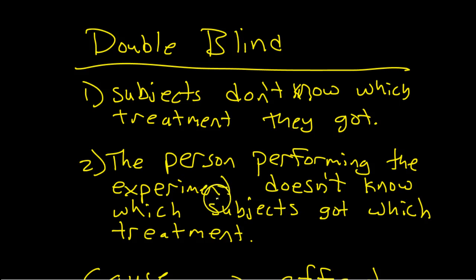Now, it's not that we don't trust the scientists that are conducting the experiment, but if you know that a person is getting a pill that's supposed to make them feel better, and you're asking them the question, if your poker face isn't very good, you can accidentally give the person hints just in your tone of voice, facial expressions, so when you're asking them, well, how do you feel today?